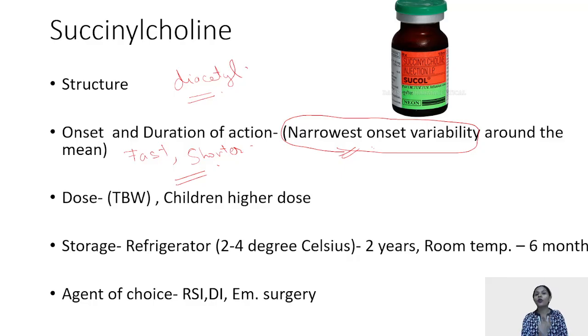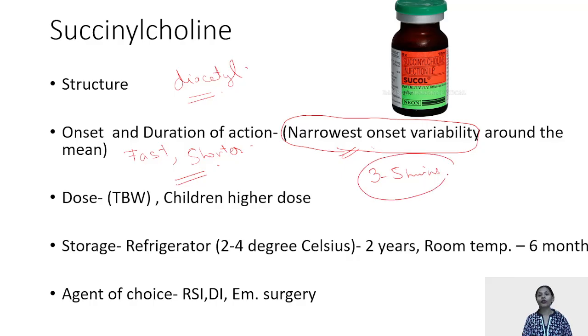If we are talking about one safe muscle relaxant agent which can be given in cases of difficult intubation or anticipated difficult intubation, scolin is the choice of drug because the onset is fast but the duration of action is also very short. The duration of action of scolin is just 3 to 5 minutes.